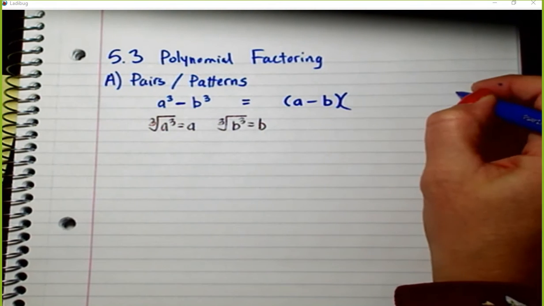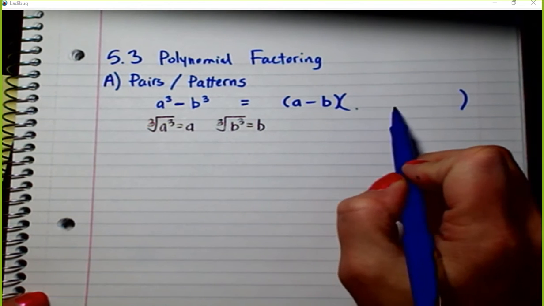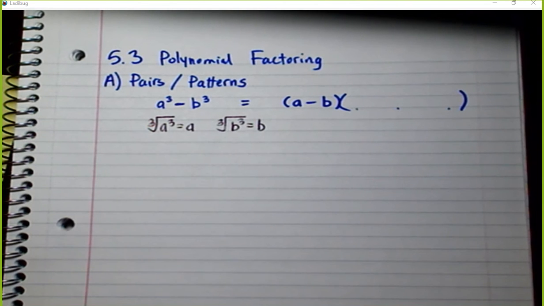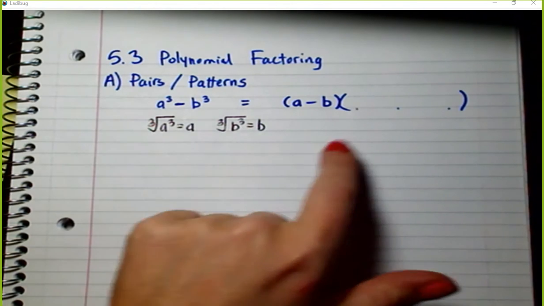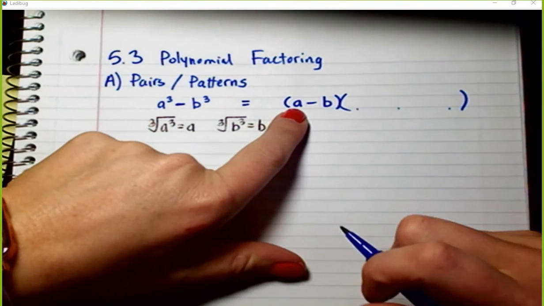Now it's cubes. So this is going to be a bigger factor. It's actually going to have 3 pieces. Okay, so how do we get this factor? All right, I like to tap my paper while I'm doing this. Okay, so I have a.